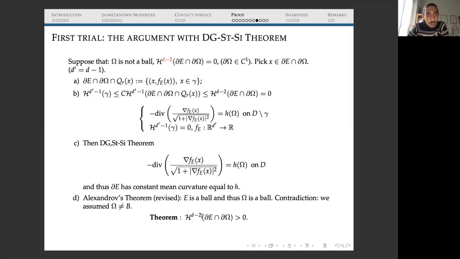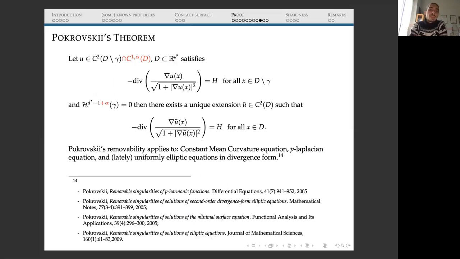But if you dig deeper, this result pops out, which is Pokrovsky's theorem. It tells you that if you allow yourself to know something more about the function, for instance that the function is also C^(1,alpha) on the full D, then you can increase the size of the set which is removable up to D prime minus 1 plus alpha.